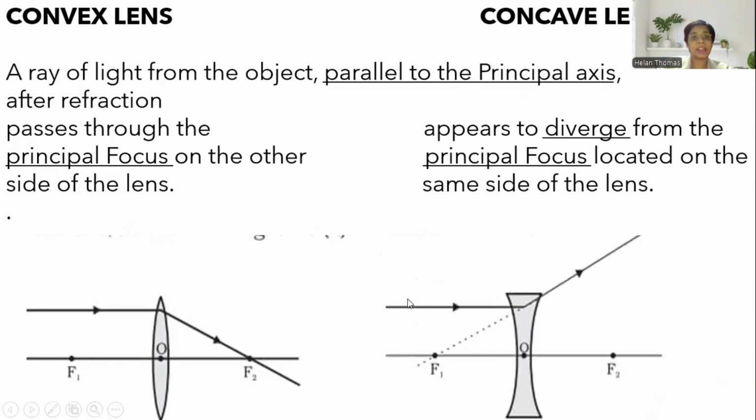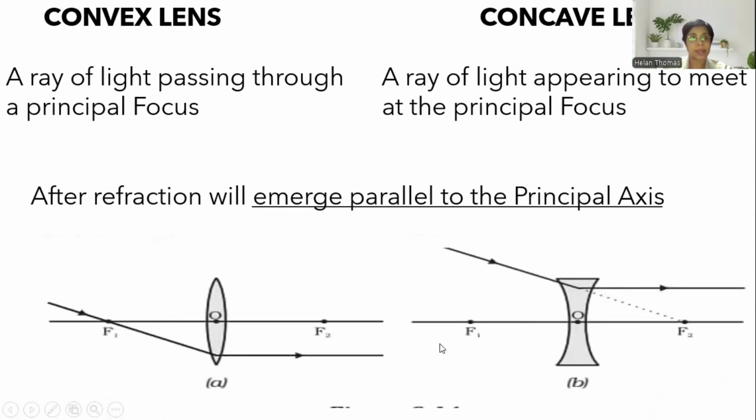In the case of the convex lens, the ray will be passing through the focus, while in the case of a concave lens, it will appear to diverge from the principal focus. And a light ray passing through the principal focus in the case of a convex lens will, after refraction, emerge parallel to the principal axis.